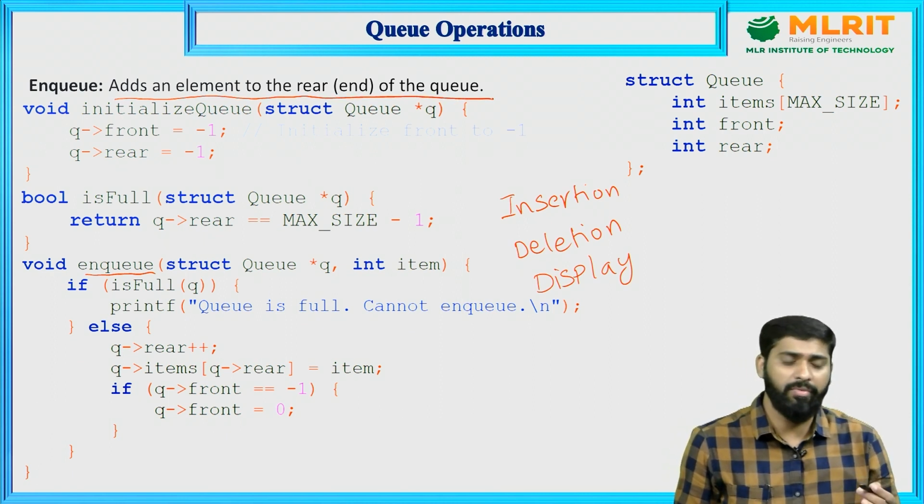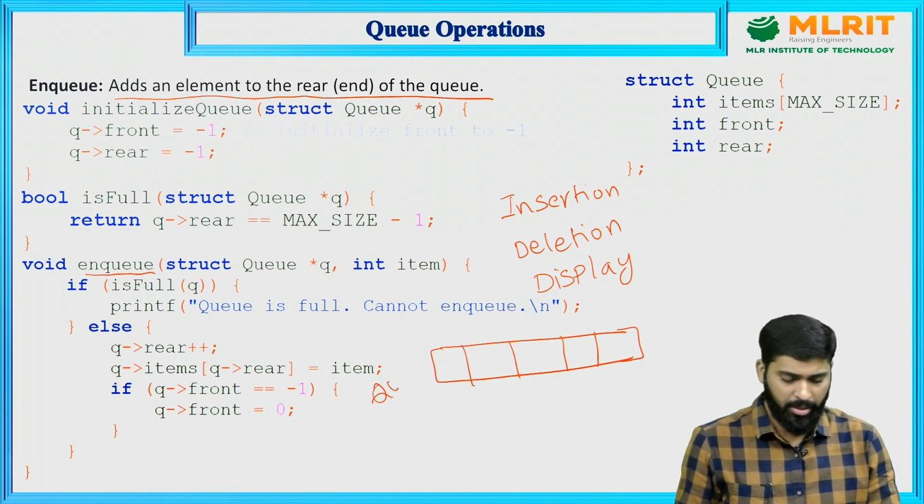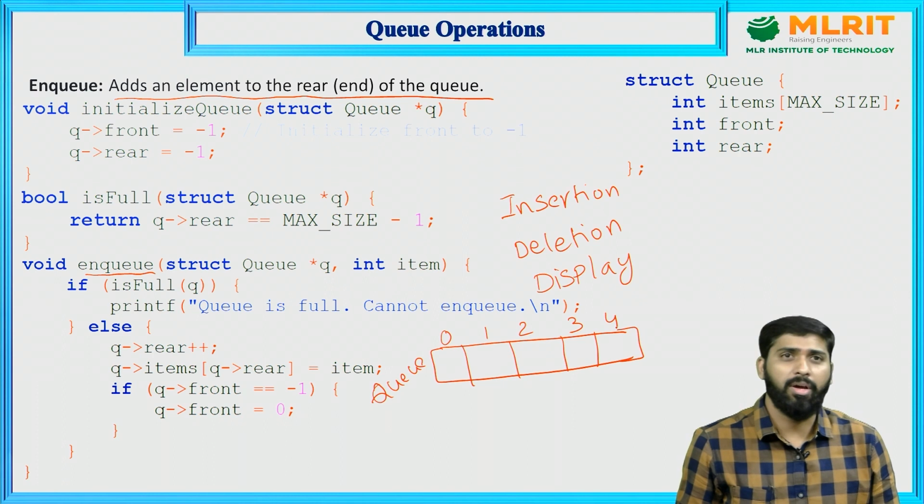What is the rear of the queue? Let us consider this queue, the size is 5, the array name is queue, and these are the indexes. All the insertions are made using a variable known as rear.